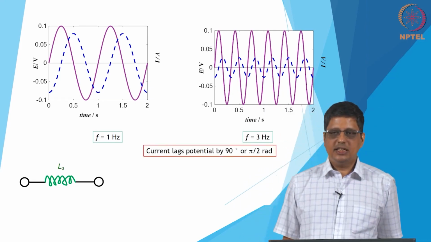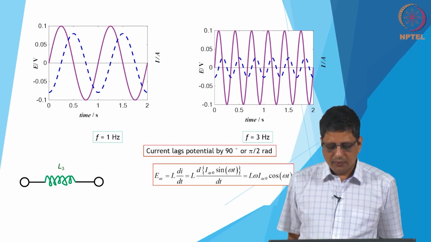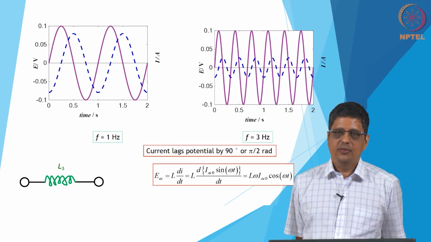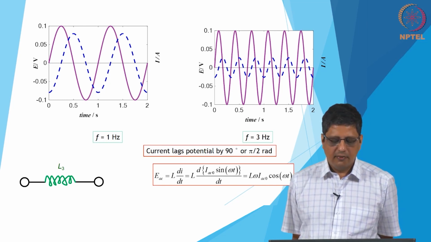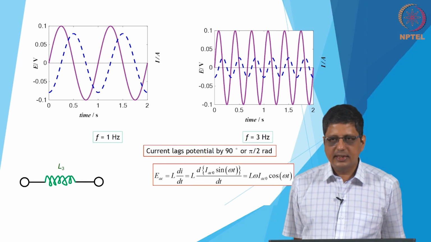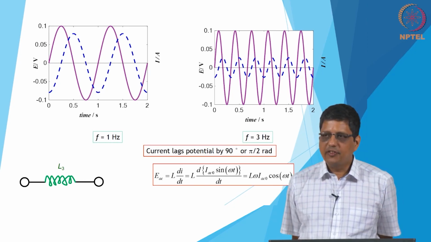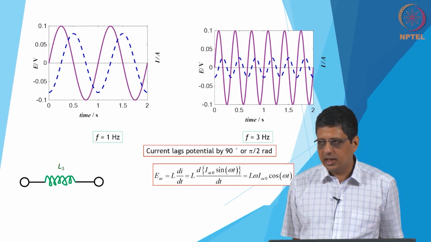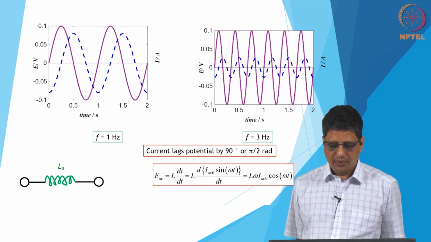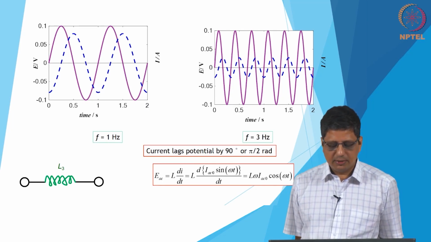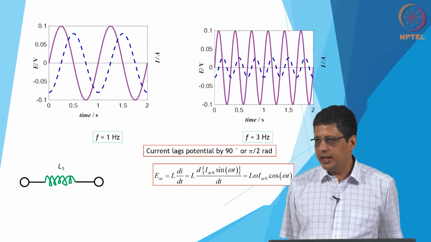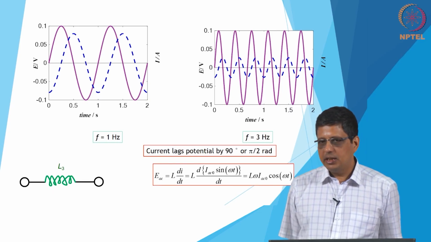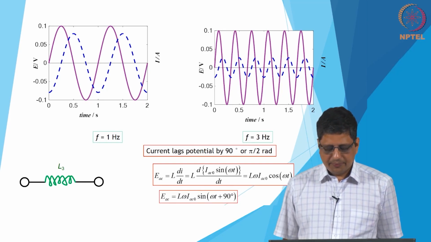Here the phase lags by 90 degrees, or minus pi by 2 is the phase difference, and the relation between potential and current is given by the differential equation, where L is the inductance, a constant for a given inductor. If you want to find the current you have to integrate it. Right now we can get the relationship between potential and current by taking the derivative of the current with respect to time, and again you can write the cosine as sine of omega t plus 90 degrees, except that now the current lags.